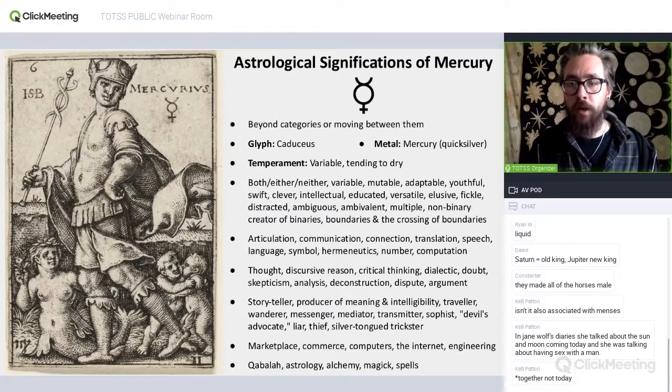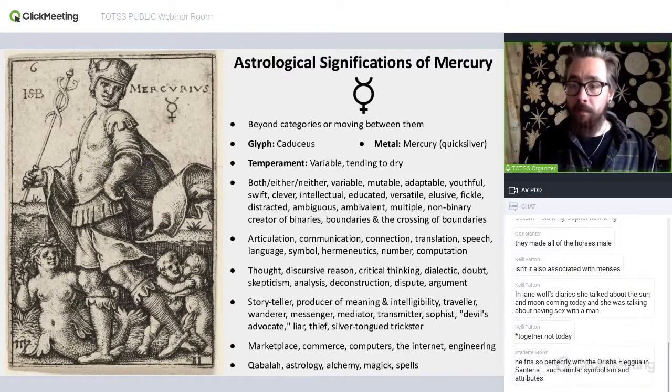Mercury is a storyteller, one who weaves narratives, either true or false narratives. So Mercury is the producer of meaning and intelligibility. Mercury is a traveler, a wanderer, a messenger, a mediator, something that goes between two things or mediates between things. The transmitter. Mercury can also be a sophist who uses rhetoric and cleverness to mislead, or intentionally takes false positions.